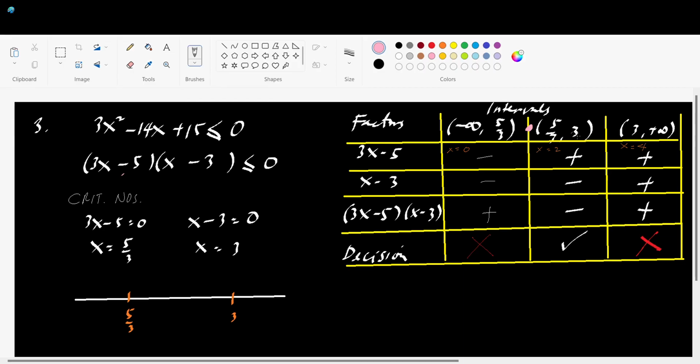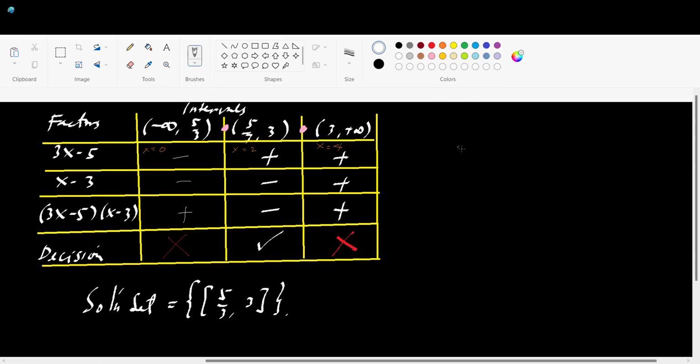How about the other endpoint 3? When we substitute x equal to 3, x minus 3 will become 0, and multiply to 3x minus 5, that will also be 0, and 0 is less than or equal to 0. So 3 is also in the solution set. So the solution set for the entire inequality will be the interval 5/3 to 3 and close at both ends. Right?